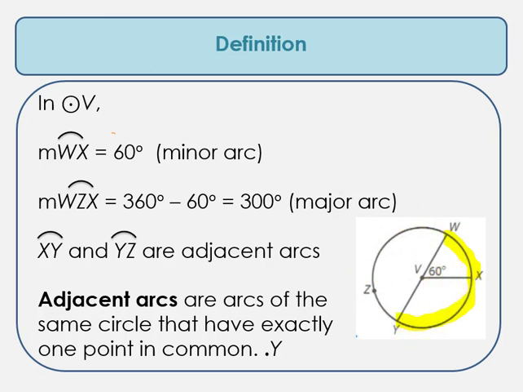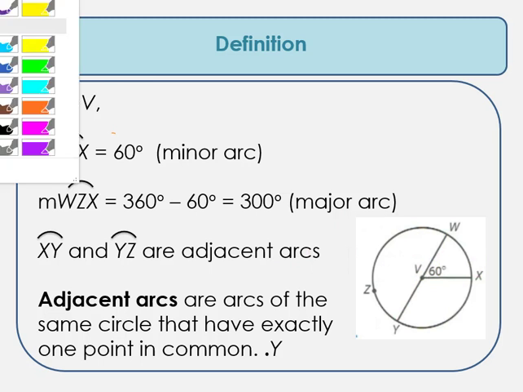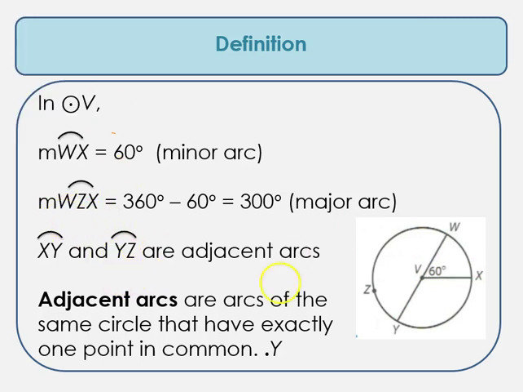Let me go ahead and erase this part, and we'll highlight what we need for this explanation. So the measure of arc WZX, which is our major arc, will be 360 minus 60 degrees, which is 300 degrees.